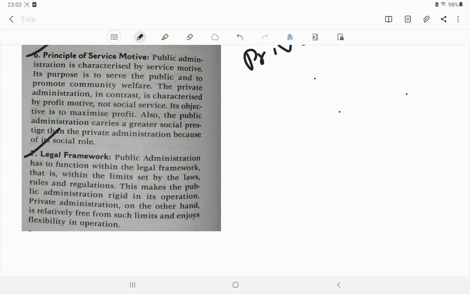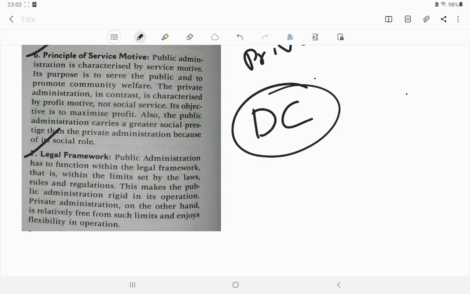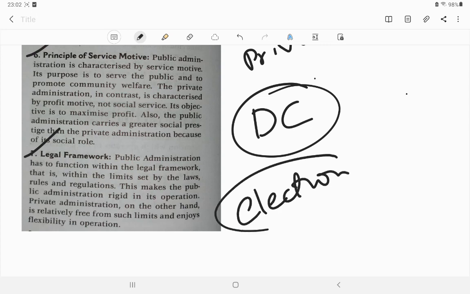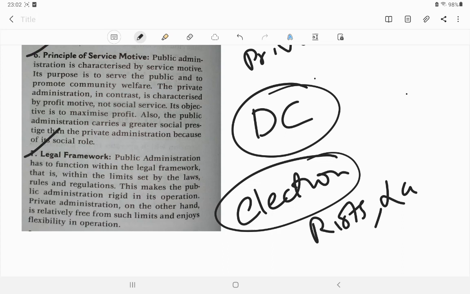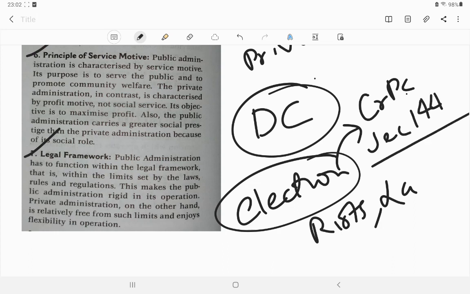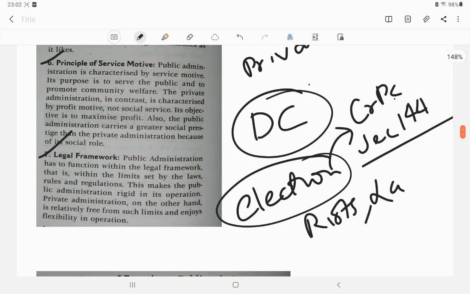What does this mean? For example, for deputy commissioners, during elections this time there were many riots, a law and order problem. So the deputy commissioner imposes CrPC Section 144, which means five or more people are not allowed to move together, and shoot at sight, or the Arms Act.